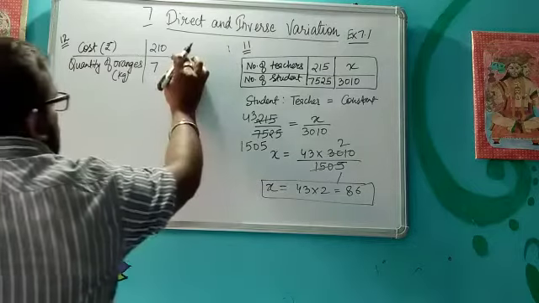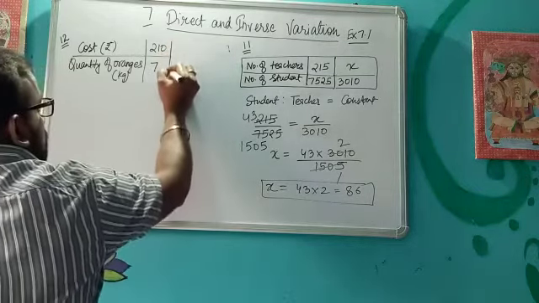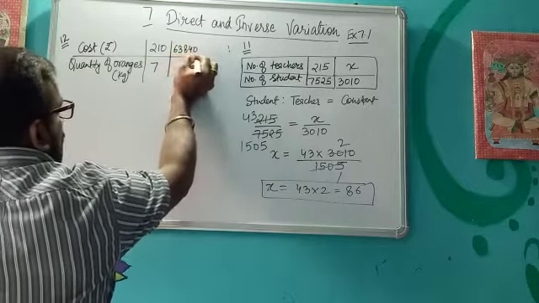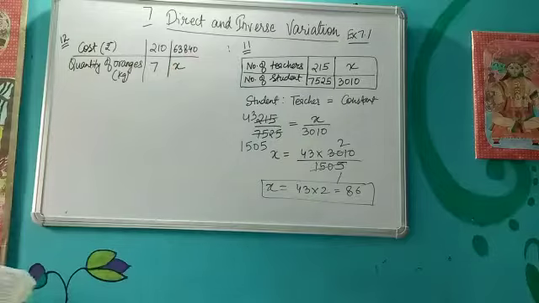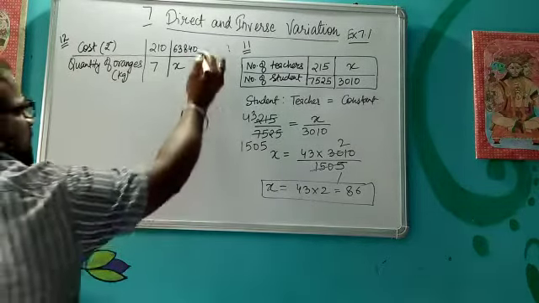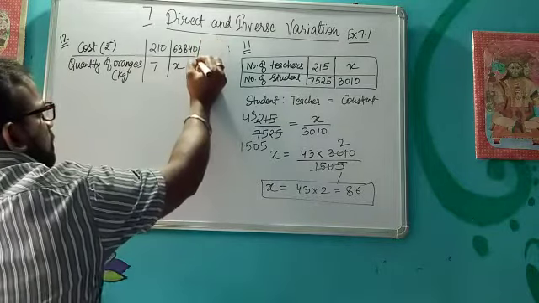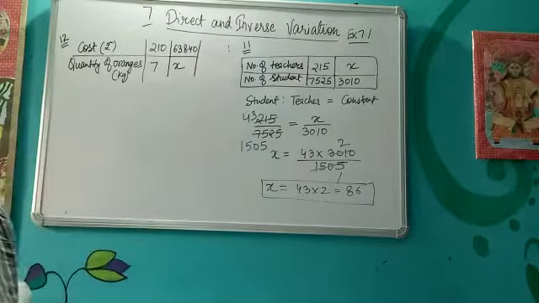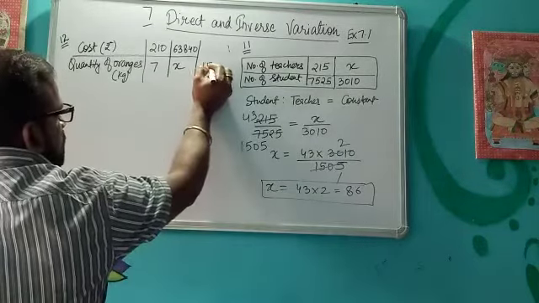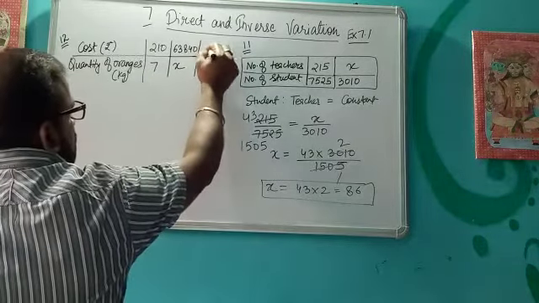Now if the cost is 638 rupees 40 paisa, how much oranges can we buy? So let it be x. And what will be the cost of 15 kg of oranges? Let it be y.